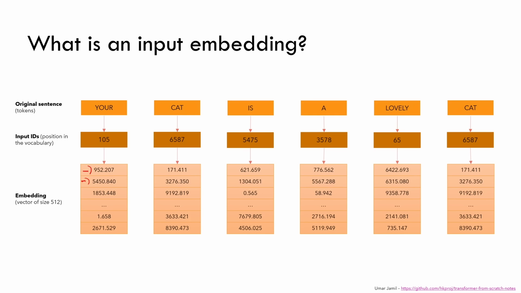So the input IDs never change because our vocabulary is fixed, but the embedding will change along with the training process of the model. So the embedding numbers will change according to the needs of the loss function. So the input embedding is basically mapping our single word into an embedding of size 512. And we call this quantity 512 d_model because it's the same name that is also used in the paper Attention Is All You Need.